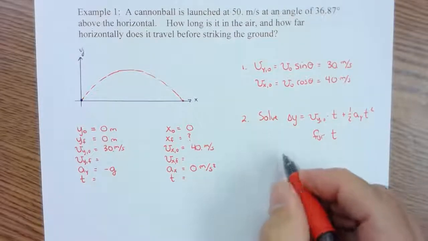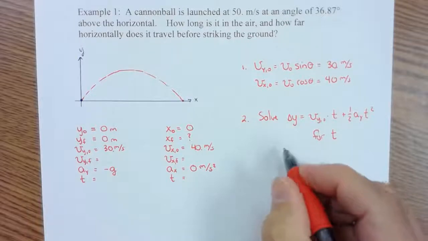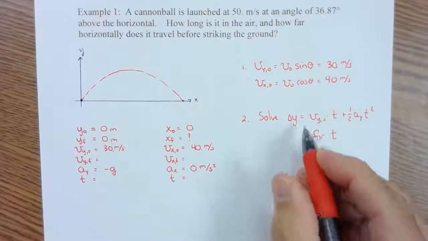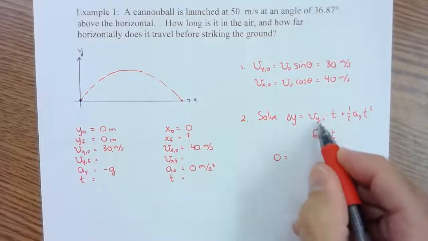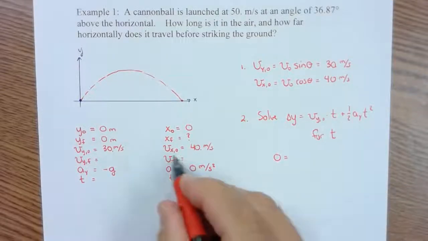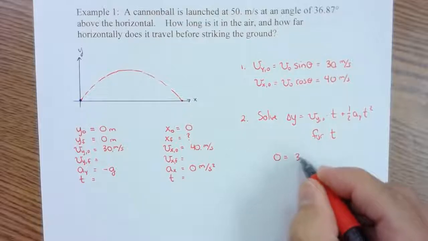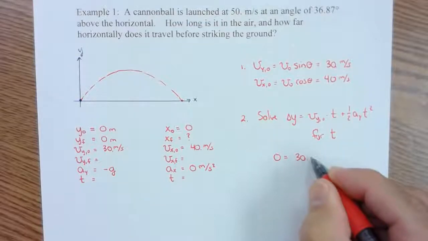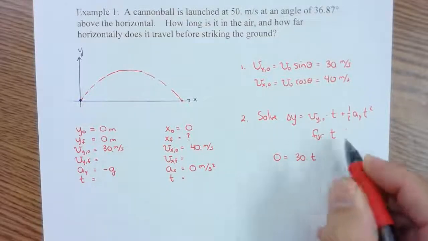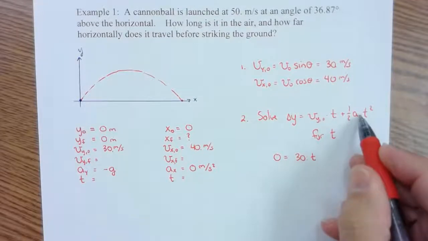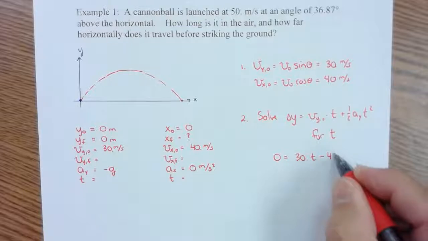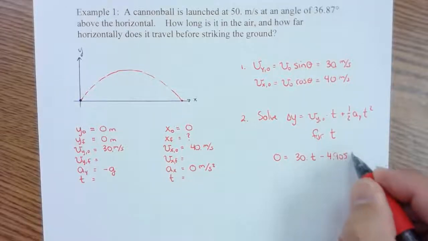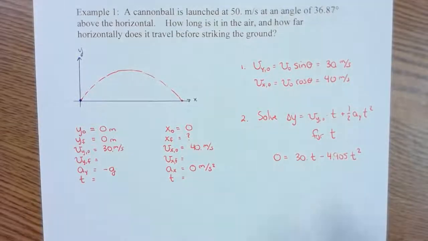Okay, so let me write out the equation which I'm solving. In this case, I have delta y, which is 0, equals the initial velocity in the y direction times time, so that is 30 times time, and then I have 1/2 the acceleration in the y, which is negative 4.905 t squared.